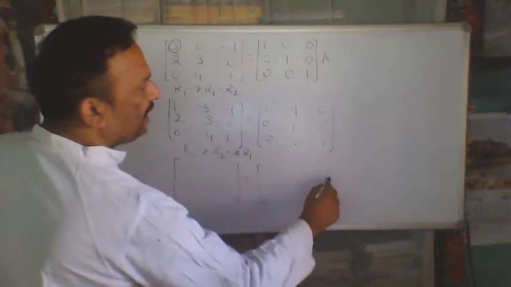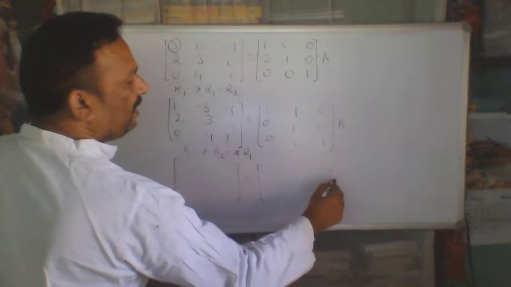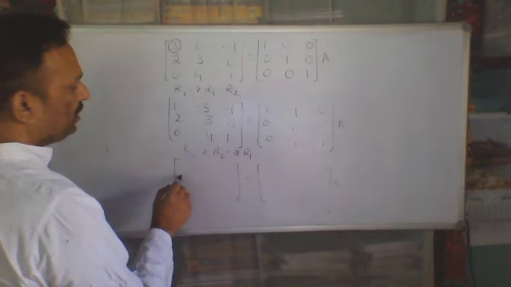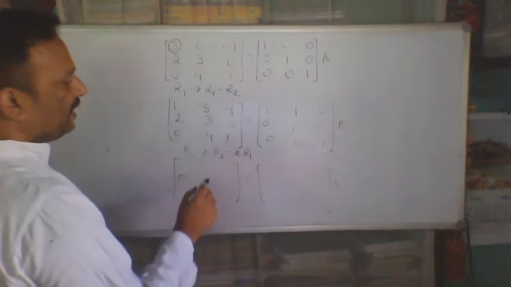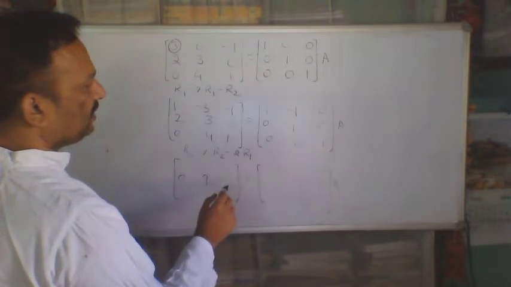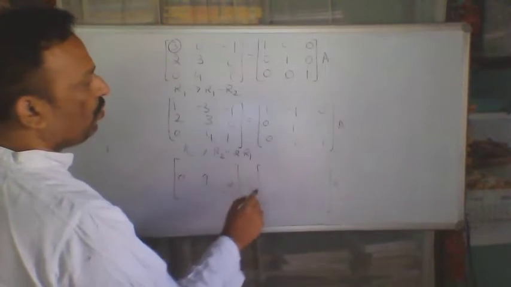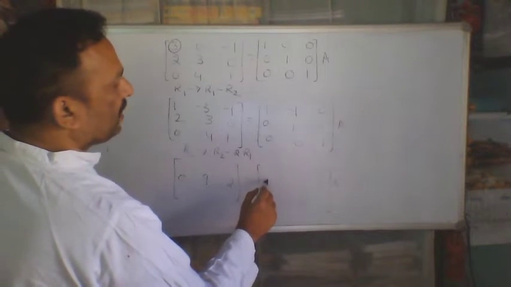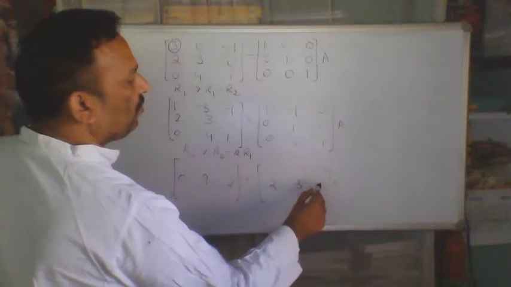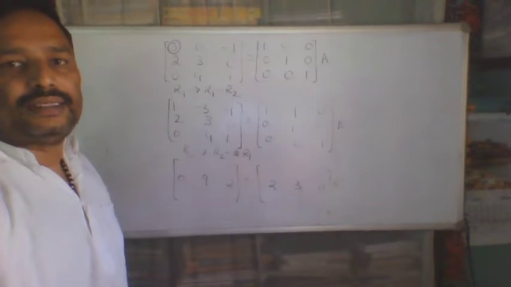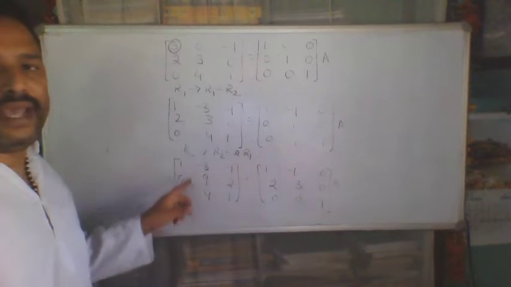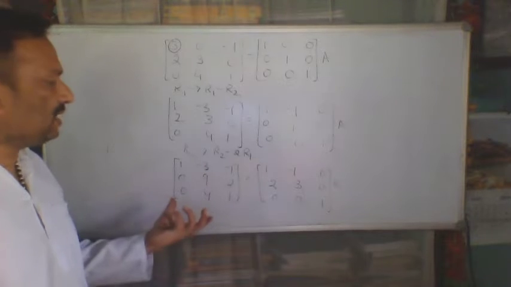When we operate it, the others will remain the same; only R2 will change. 2 minus 1 into 2 is 0, 3 minus minus 3 is 3 plus 6, which is 9, and so on. After using two operations, we have got the first column as identity. This is the first part of it.